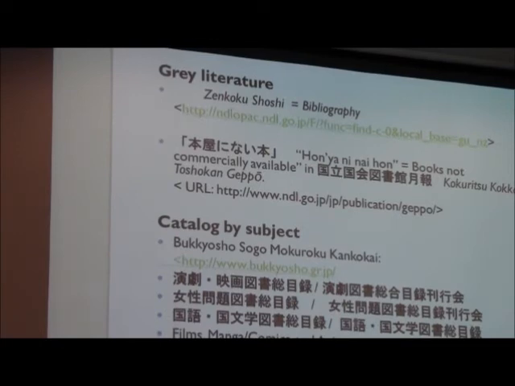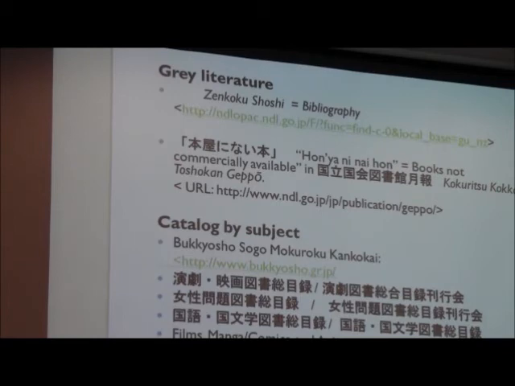And then there are catalogs by subject. Bukkyo Sogo Mokuro Kankokai is a website of all the publishers dealing with Buddhist materials. And then I found on my shelf Engeki Eiga Tosho Somokuroku, Josei Mondai Somokuroku, all these kinds of mokuroku.